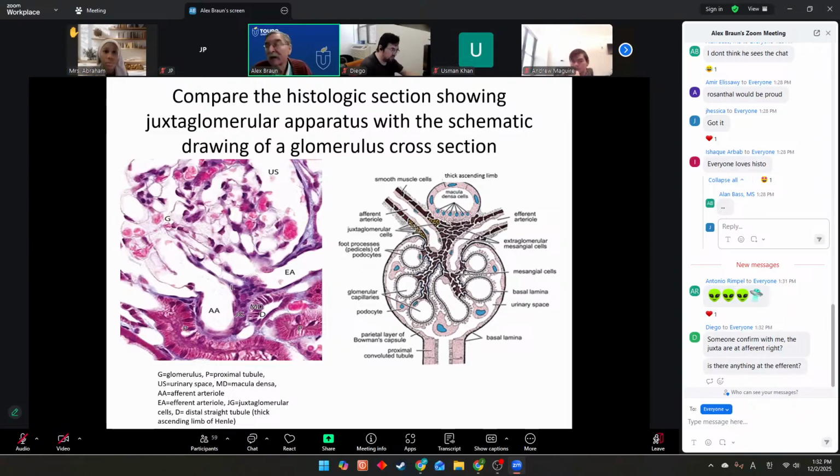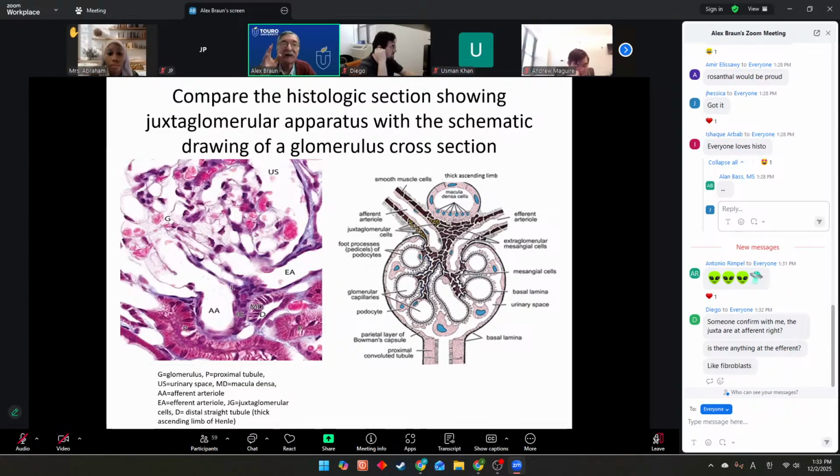How do they secrete? They are support cells. They form a support framework to hold everything else together in the right position. They also help communication. They do several things. We'll talk more about mesangium tomorrow.